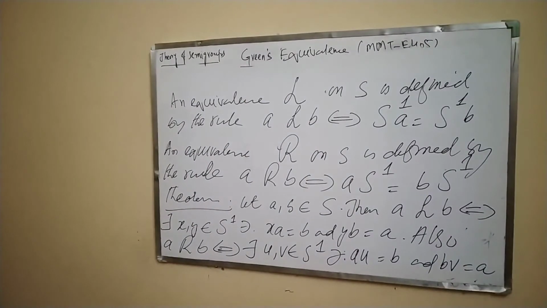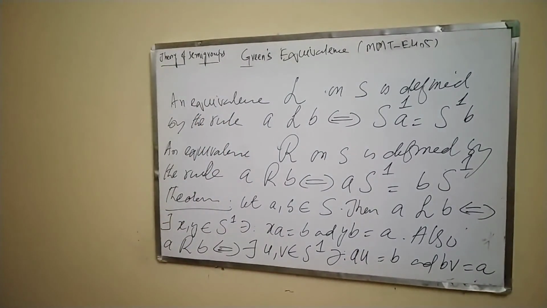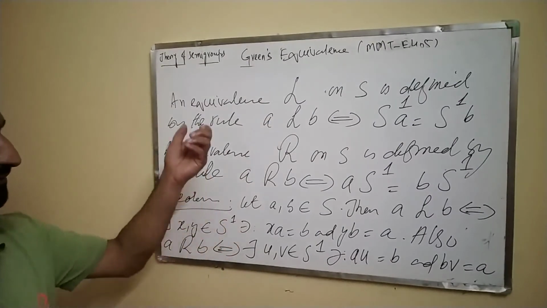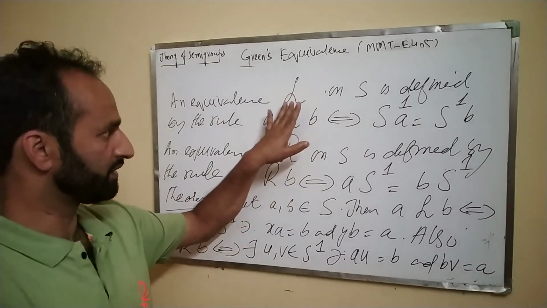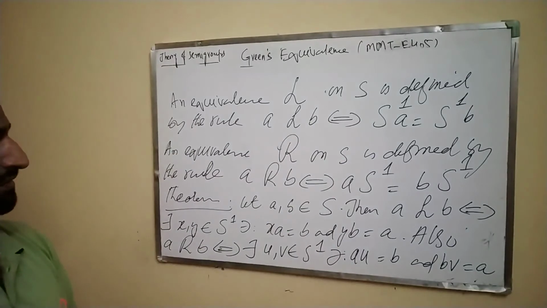So this theorem gives the equivalent form of the above relations L and R, and we'll use these equations instead of the definition of L in terms of the principal ideals in future.